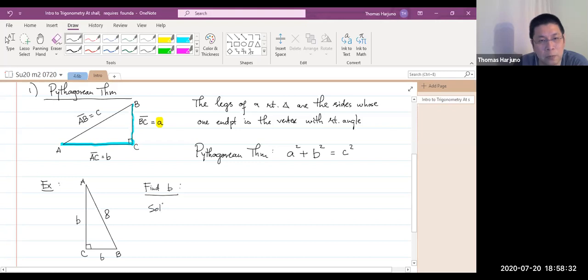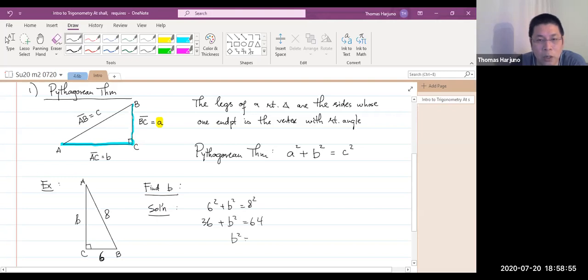Solution. We use the Pythagorean theorem. This is 6, this is B. So 6 squared plus B squared equals 8 squared. 36 plus B squared equals 64.